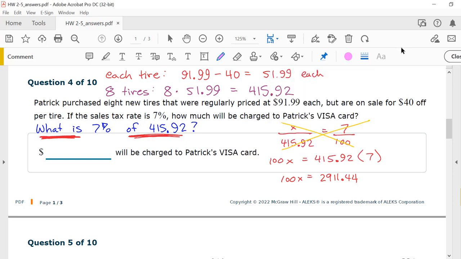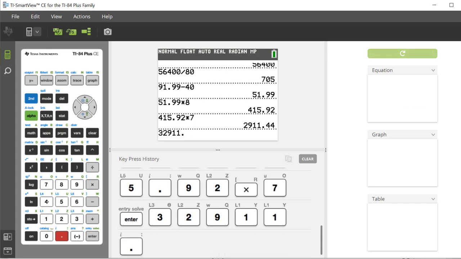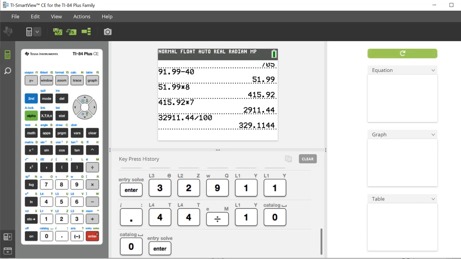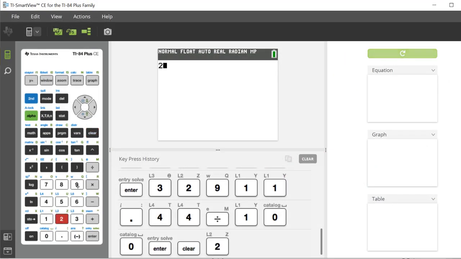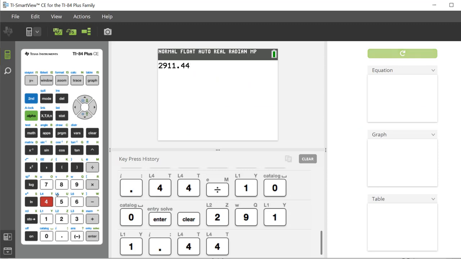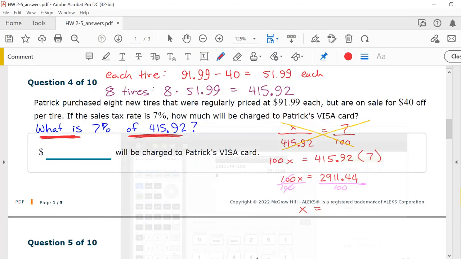Dividing both sides by 100, x equals 2911.44 divided by 100, which is 29.11.